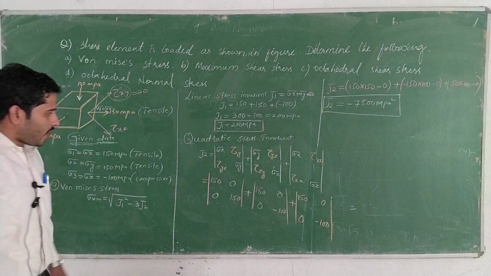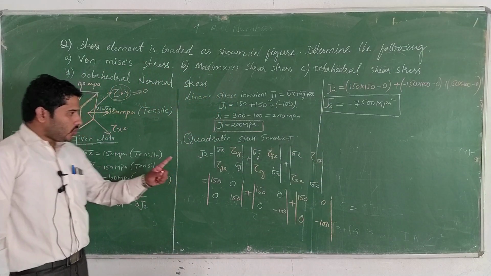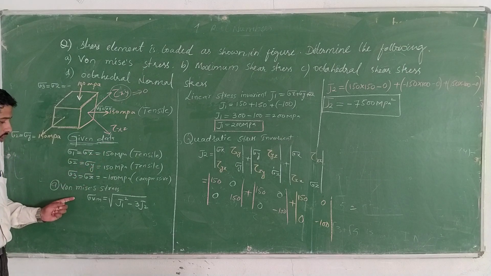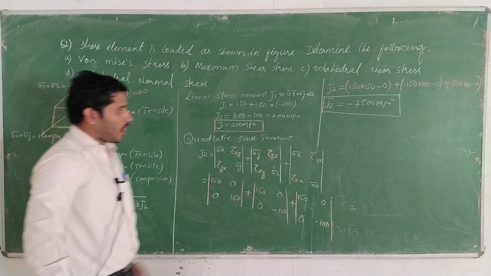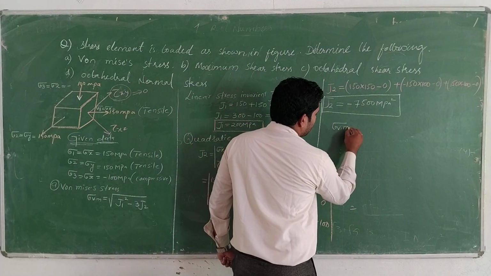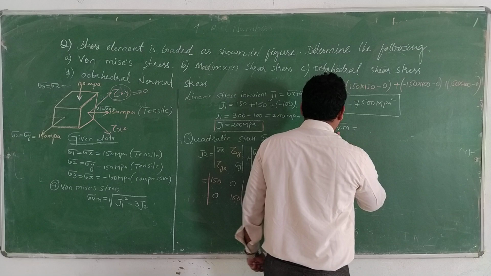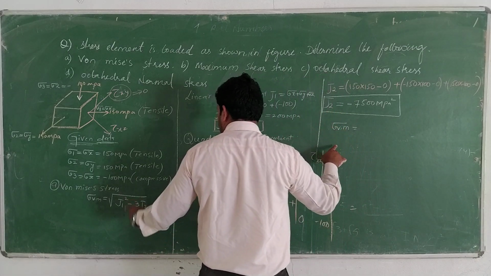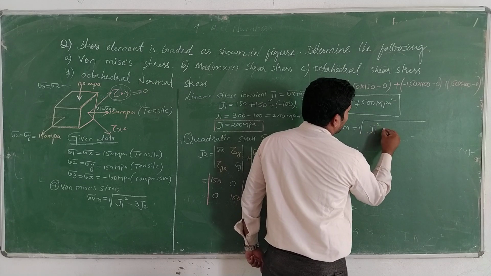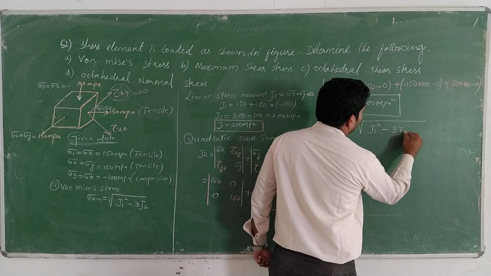So if you got the answer of J1 and J2, you need to substitute the values in the von Mises stress. Sigma Vm, the von Mises stress, is equal to under root of J1 whole square minus 3 J2.